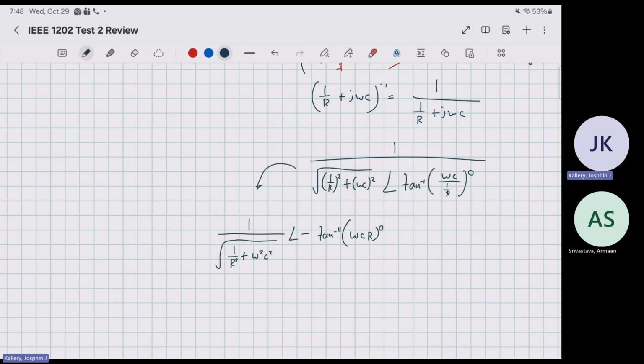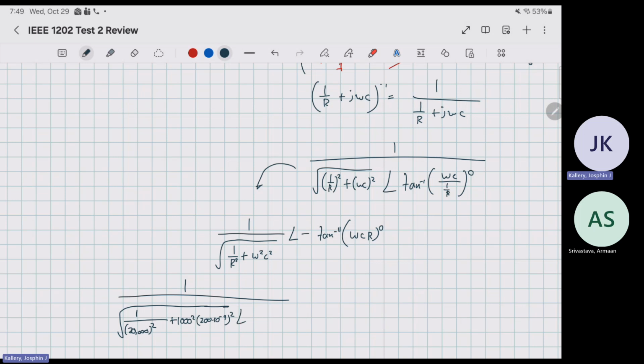So here, let me plug in the numbers. So we end up with 1 over square root of 1 over 20,000 squared plus 1,000 squared times 200 times 10 to the negative 9 squared.